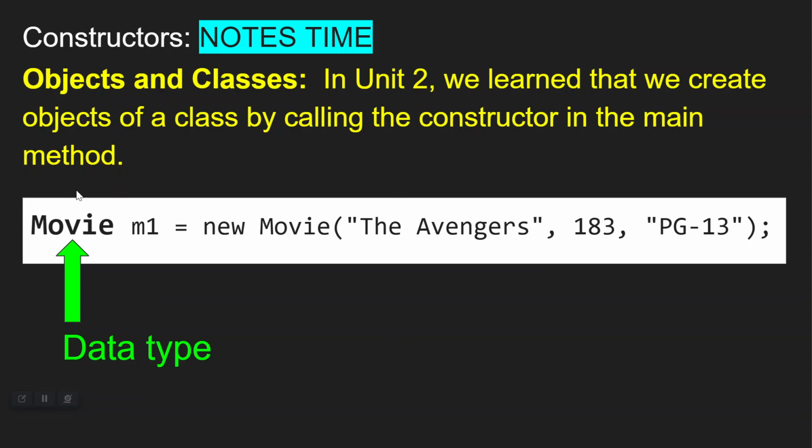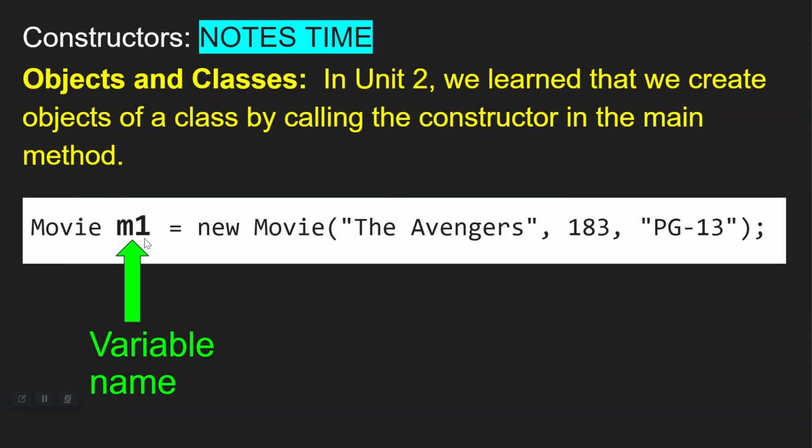Just like you would say int num equals 0, or boolean isAdult equals true. This is the same thing, movie m1.